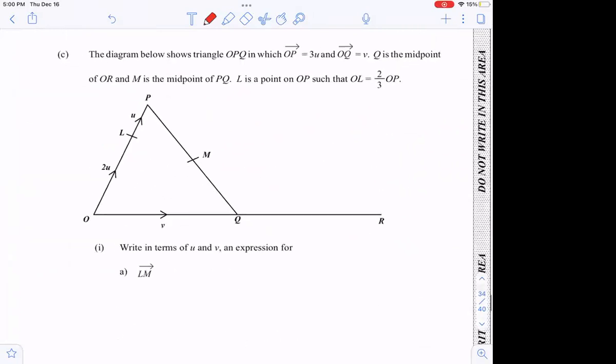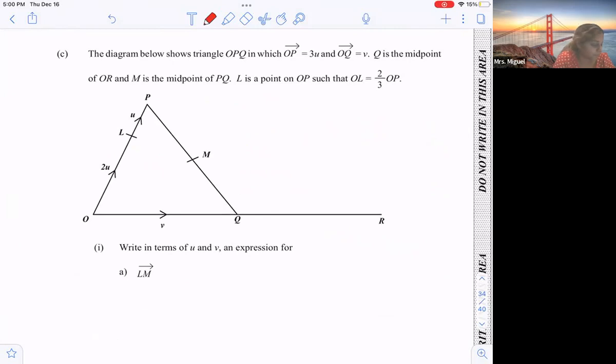The diagram below shows a triangle OPQ, in which OP is 3U. So right away, this length here is U, 2U plus U will give us 3U. You all see that?